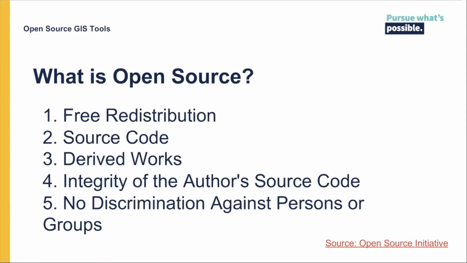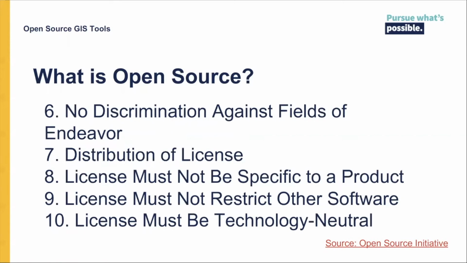It should also allow for no discrimination against persons or groups. Also, there should be no discrimination against fields of endeavor. Just because you don't like someone using your program in a particular instance, you cannot say, hey, if I'm using it for a business endeavor, you can't use this for business purposes.